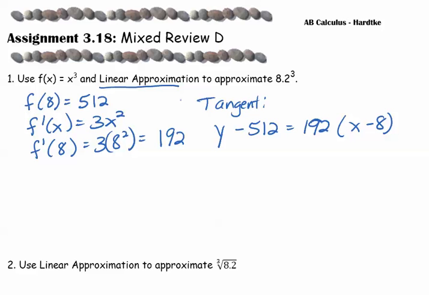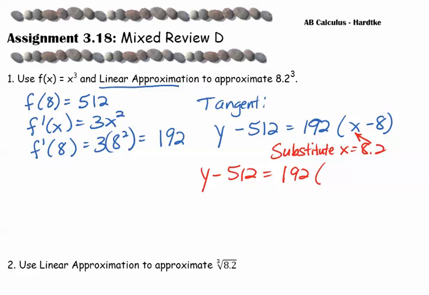So now what we want to do is find the point on the line by substituting x equals 8.2. So we will have y minus 512 equals 192 times 2/10, 0.2. So let's do some arithmetic.